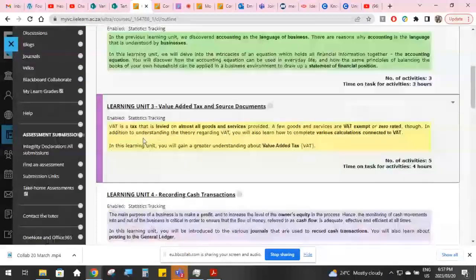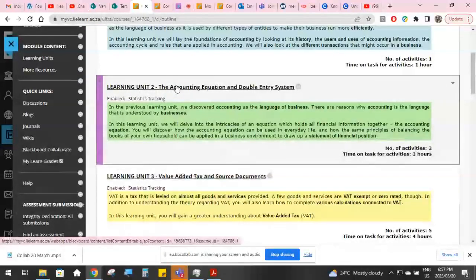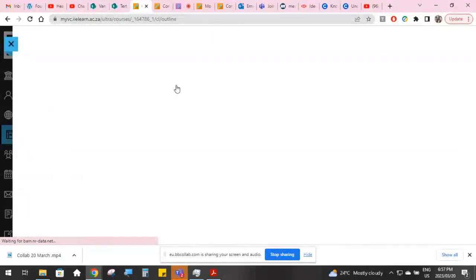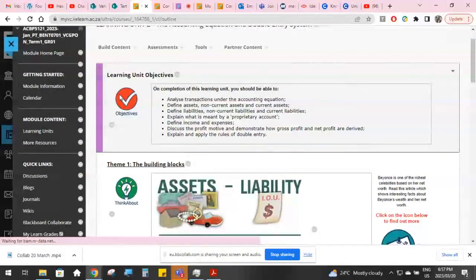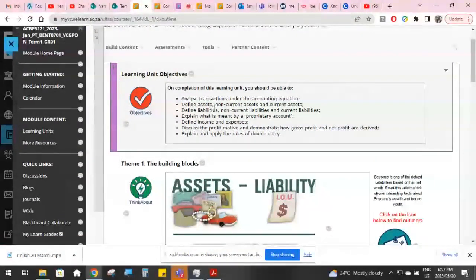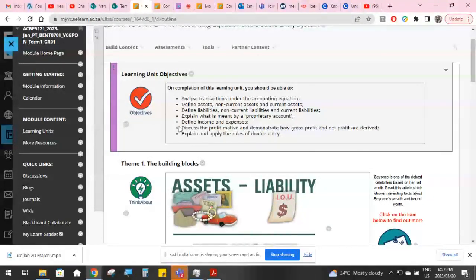You'll have a list of all of your learning units. So let's say, for instance, if we go to Learning Unit 2, if you click through there, you will then see at the top the learning objectives, which we've looked at in the module outline now, will always be listed right at the top. That tells you exactly what you are expected to be able to do by the time you have finished this learning unit.